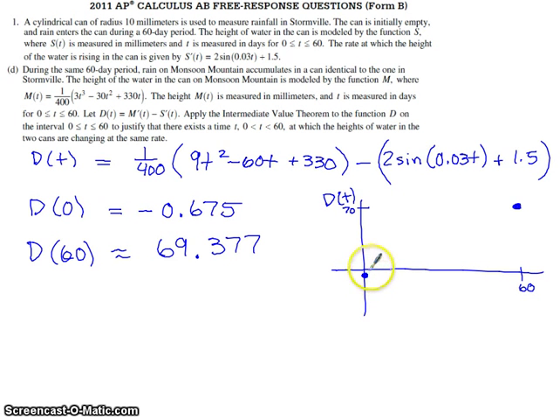Now, it's very likely that the graph could maybe hit 0 several times, especially because of the sine component to this function, but the intermediate value theorem proves that at least one time you're going to have to cross 0 to get from here to here with a continuous graph.